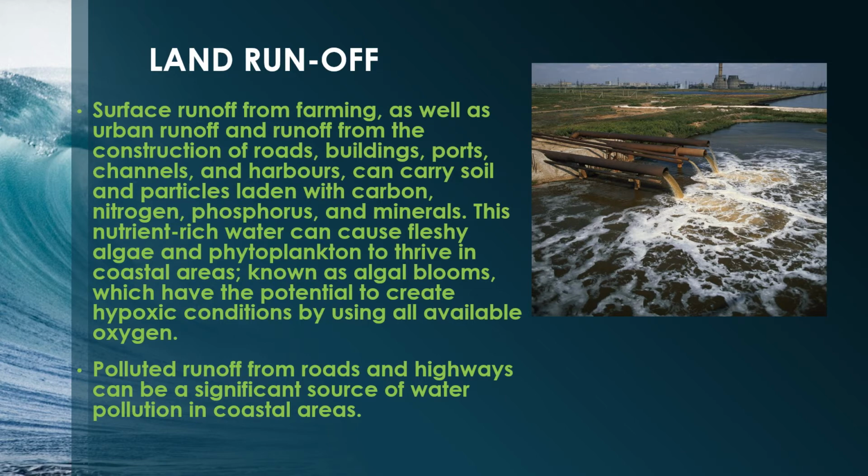This nutrient rich water can cause fleshy algae and phytoplankton to thrive in coastal areas, known as algal blooms, which have the potential to create hypoxic conditions by using all available oxygen. Polluted runoff from roads and highways can be a significant source of water pollution in coastal areas.